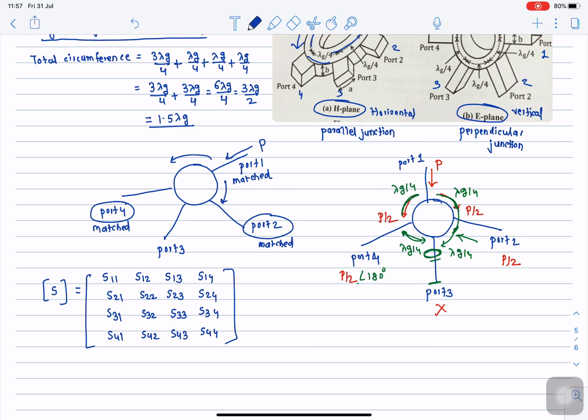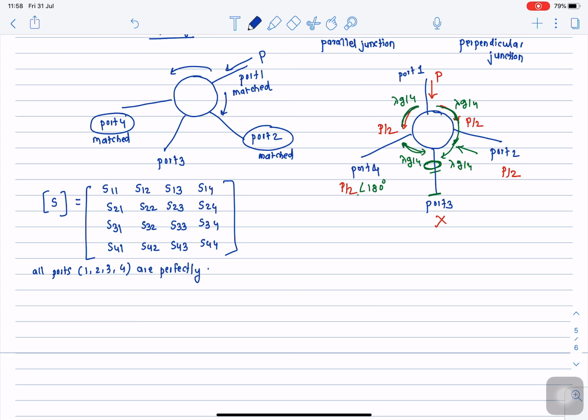Okay, what we assume is that all ports, that is port number 1, port number 2, port number 3 and port number 4, are perfectly matched. As they are perfectly matched, there is not going to be any reflection. So what can we write in the scattering matrix then?